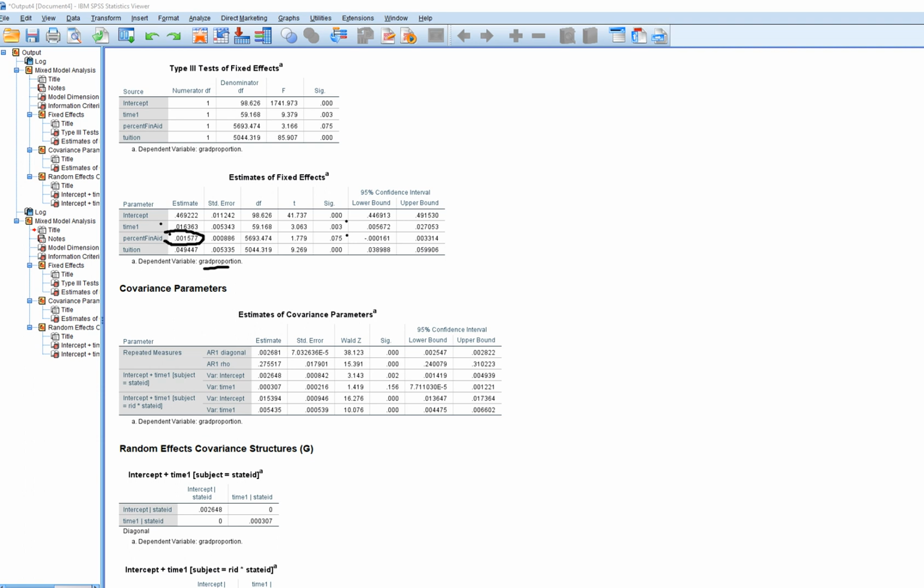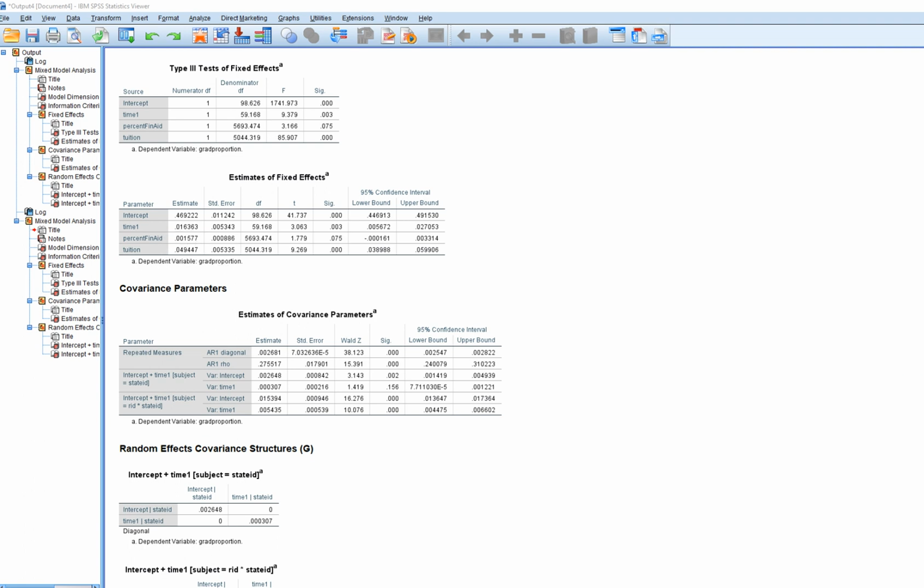When it comes to the tuition variable, we also see a positive relationship, and that is statistically significant, indicating that in years associated with higher tuition rates, there were also higher proportions of graduation rates.